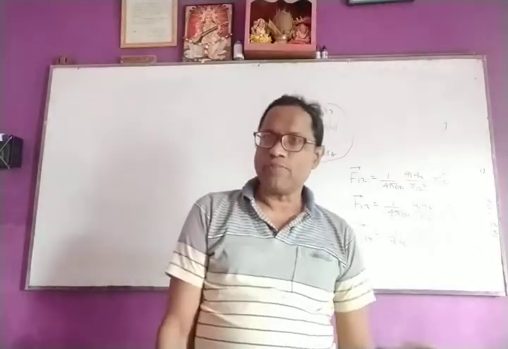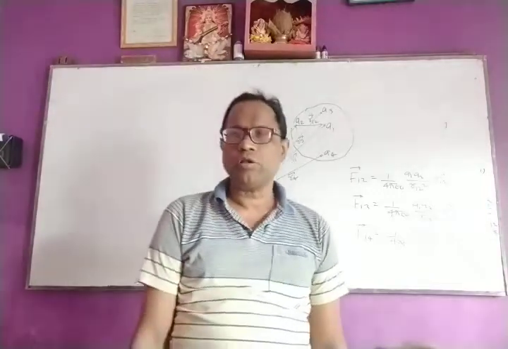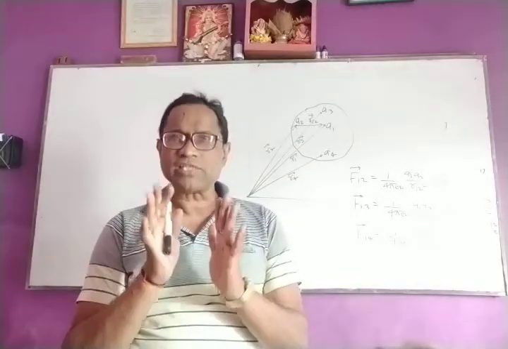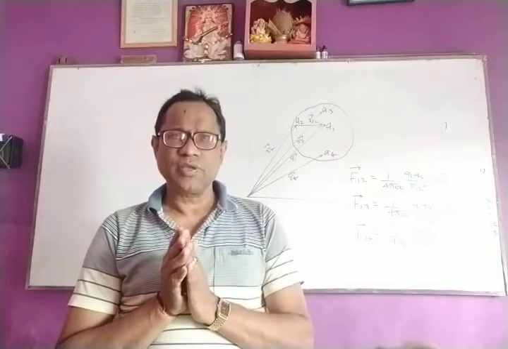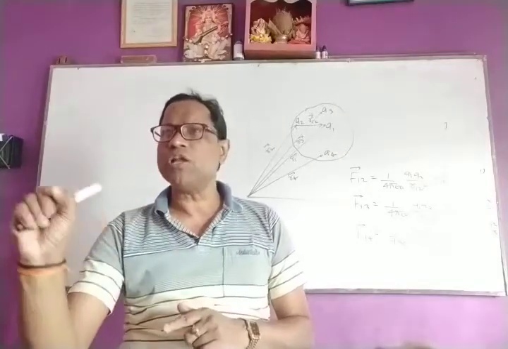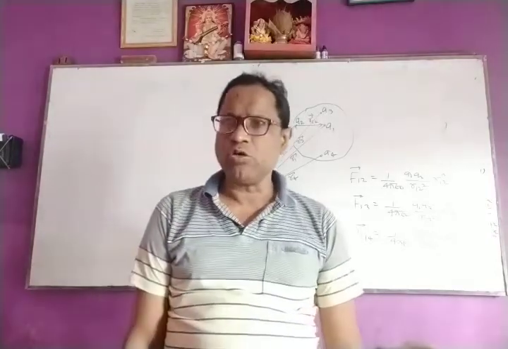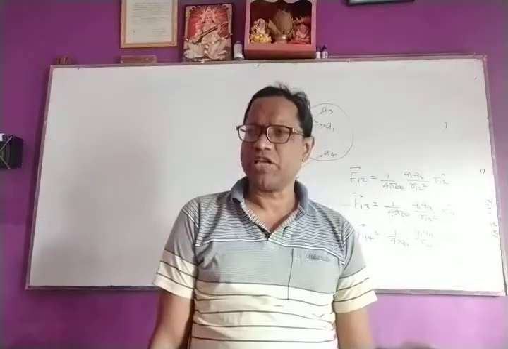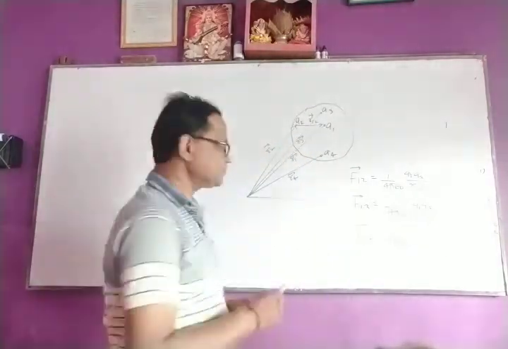Applying the principle of superposition, the total force acting on the particle is equal to the vector sum of forces exerted by individual charges. So F is equal to F12 plus F13 plus F14 dot dot up to F1n.